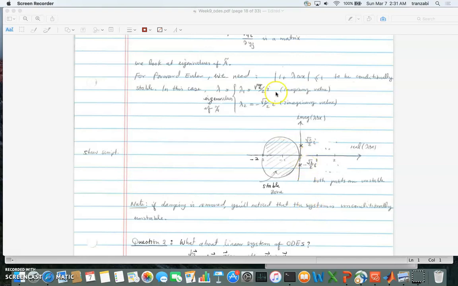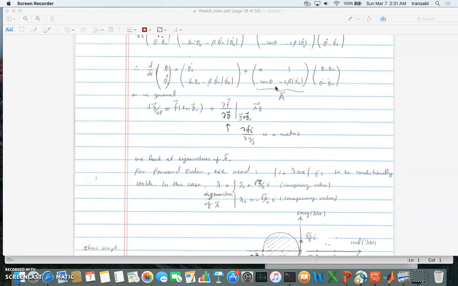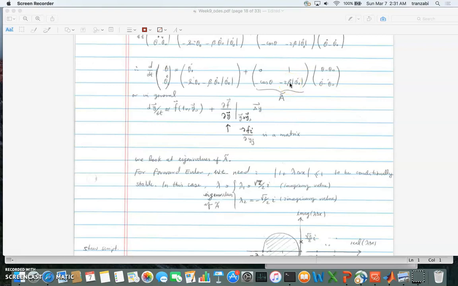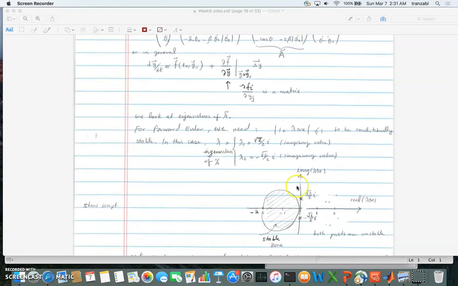However, if we add friction or the drag with the air, again, if we add the friction between the pendulum and the air to the problem, then there's a chance that the 2 lambdas that we find as the eigenvalues now sit inside this circle, okay, for which the problem is not going to be unstable anymore, so it's going to be conditionally stable.